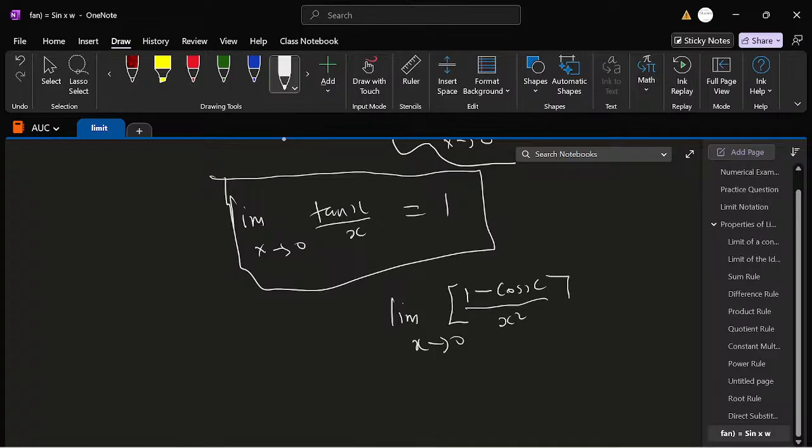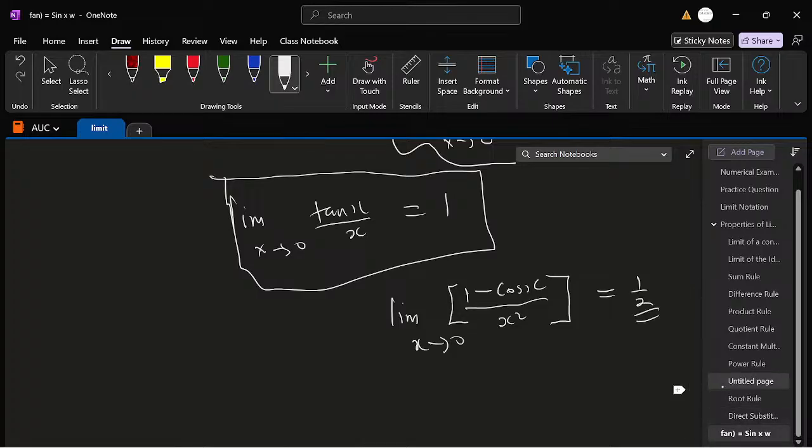You can use identities from trigonometric functions. To prove this, trig limits often use identities, or L'Hôpital's rule, something like that. But the most important thing is for you to just get this.